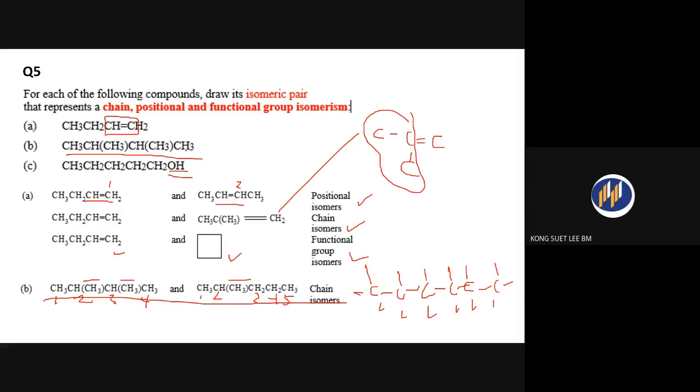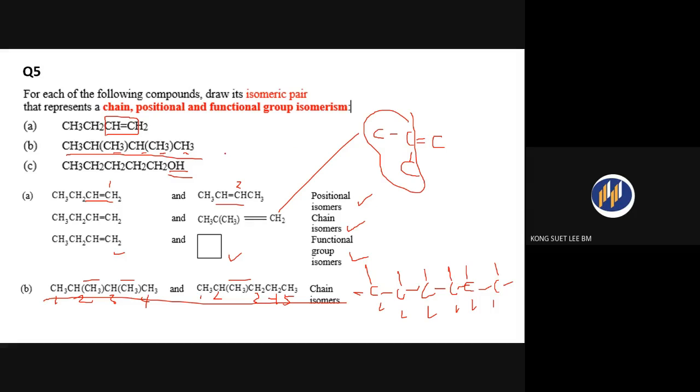So we check for this one. No problem. As long as when you draw the structure, it has the same molecular formula, you can. Okay, good. You can draw the straight chain like this for the chain isomer. You can draw in butane, pentane, or hexane. No problem.